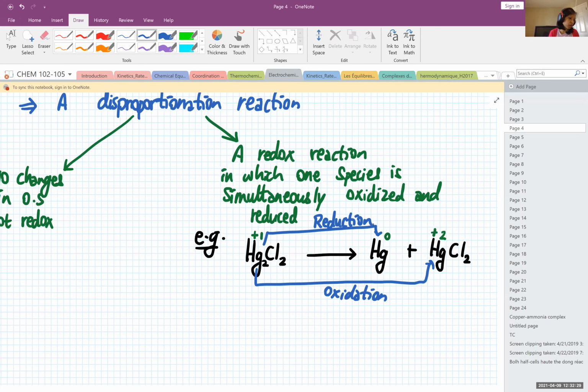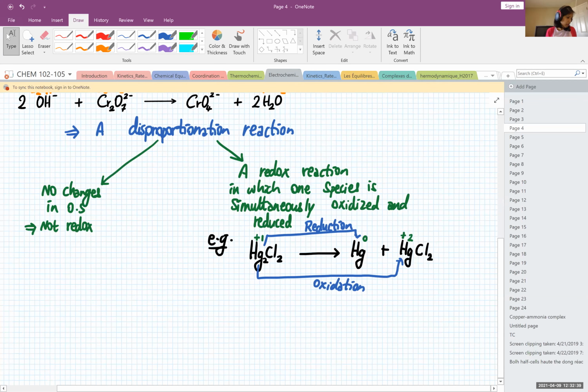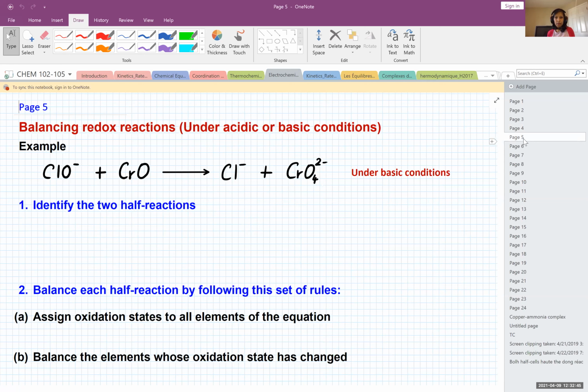So that is also a disproportionation reaction where we see the same element undergoing oxidation and reduction. Okay, I won't write it down, but it's just another example. If you're curious, you can check the oxidation states.